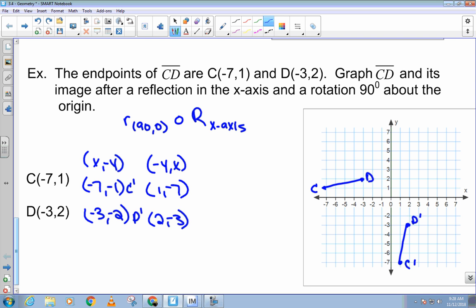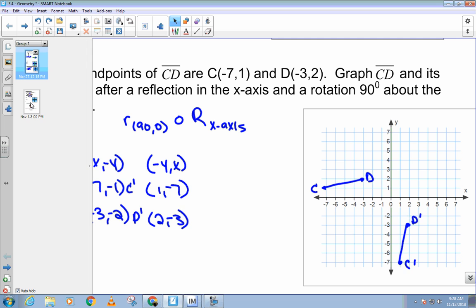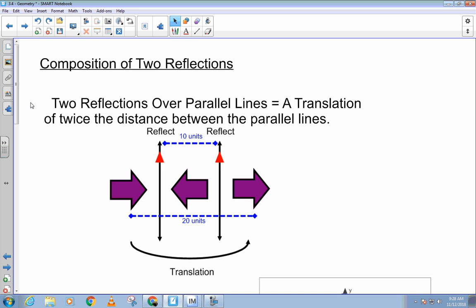Okay? All right. So the last thing I want to show you, we're not going to work any of these, but some special situations that happen is, let's say you have two parallel lines, okay? If you reflect over one of the parallel lines, and then you reflect again, you actually get a translation. See? If I take this arrow and I flip it over one parallel line, and I flip it over another parallel line, I actually get a translation.